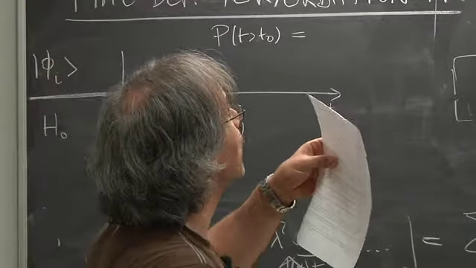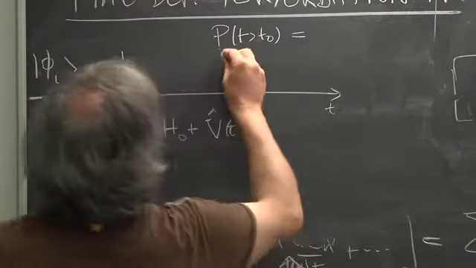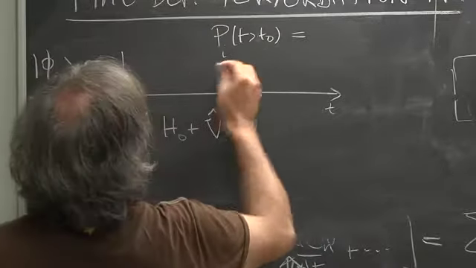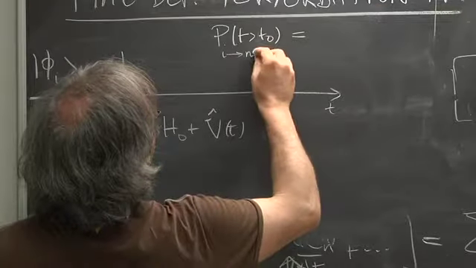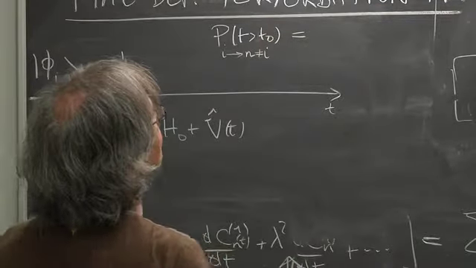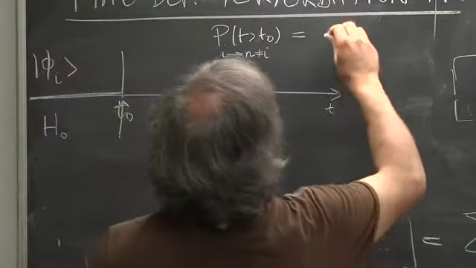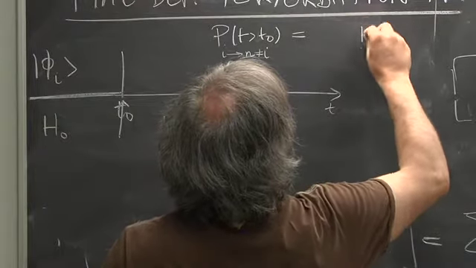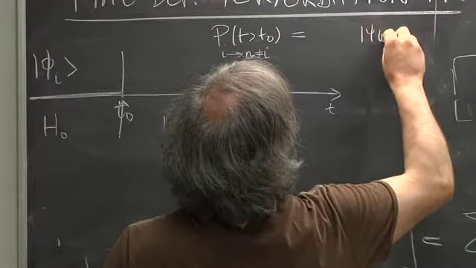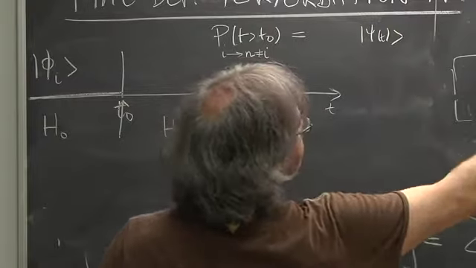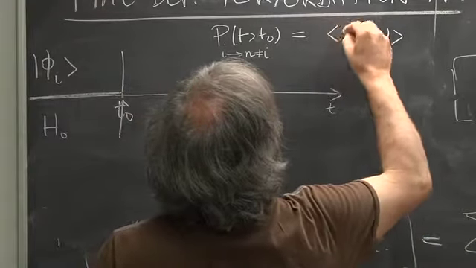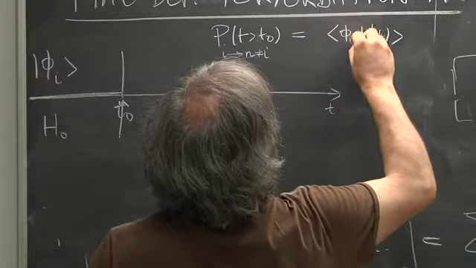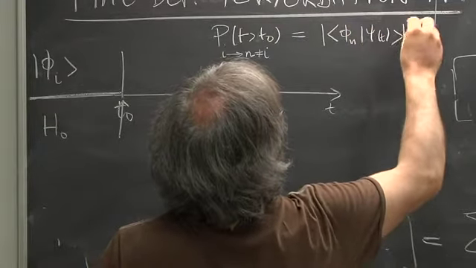So I can ask what is the probability that starting from I, the initial one, I will end up in any given n different from I at a later time t. So this would be: take the state at time t, which I have calculated by this initial choice, and take the overlap with phi n, and then take the modulus square.